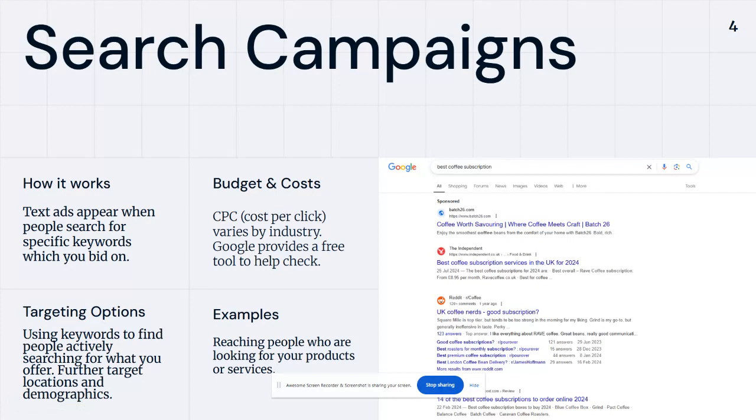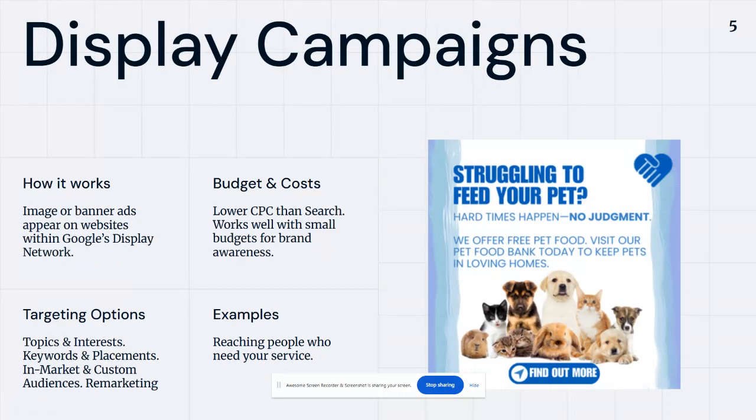And also you can target certain demographics, like age. If your typical customer is not in the 18 to 24 age group, for example, you could say you don't want to advertise to that age group, and so you wouldn't waste any budget on that. Okay, so that's search campaigns.